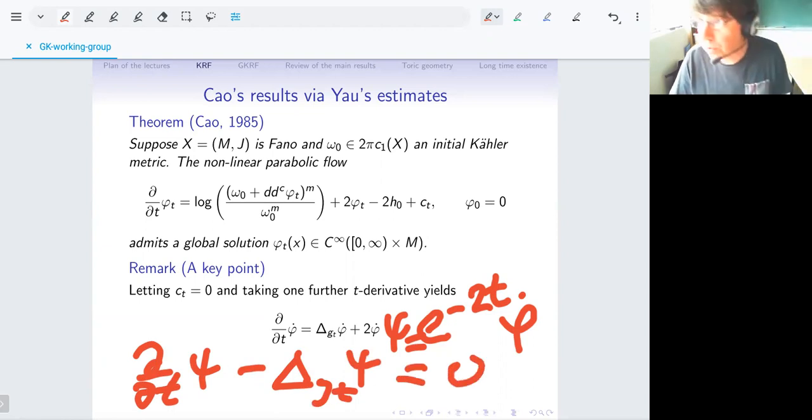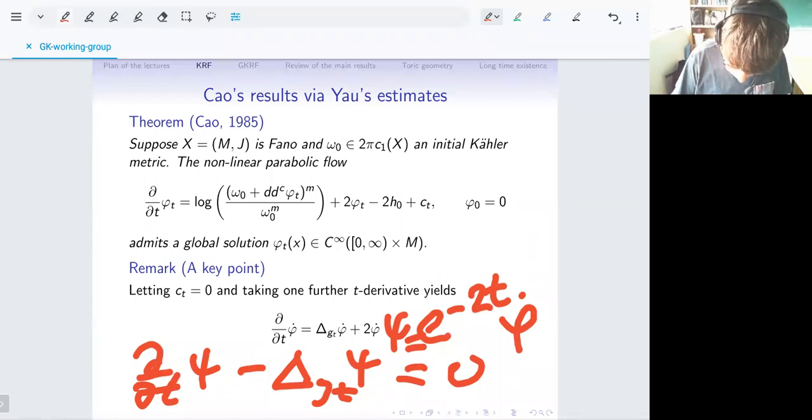And because of that, we have this maximum principle. So you can derive, for a fixed time, a C0 bound for this psi.